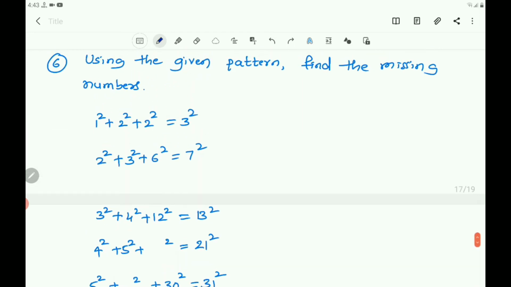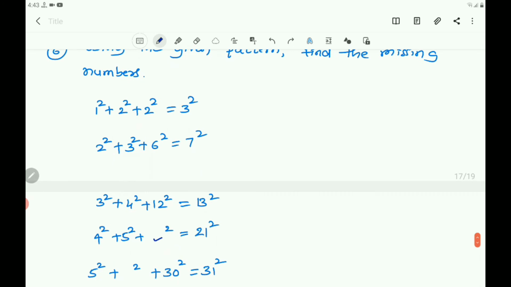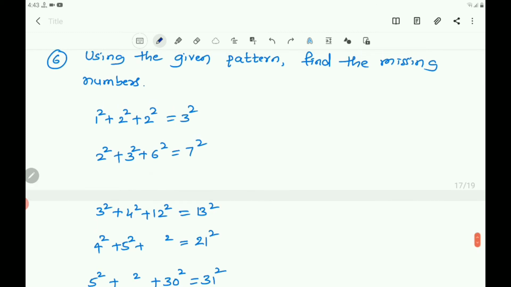And to find the missing number, what you have to do? See the relation between the first, second and third number. You know that 1 2s are 2. So 1 into 2 equals 2. And next it's plus 1, 2 plus 1 equals 3.